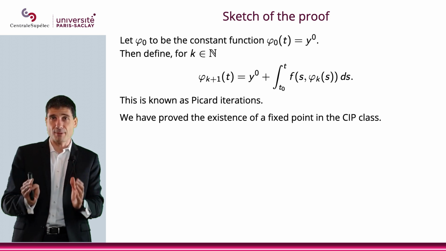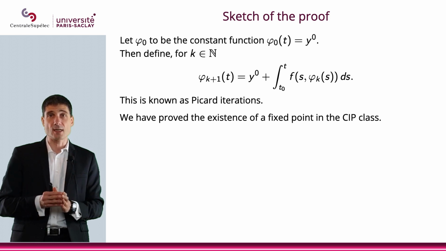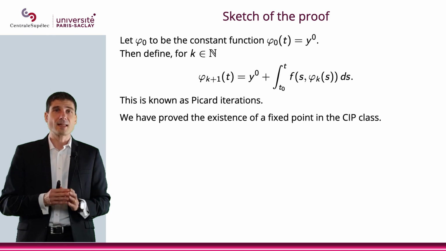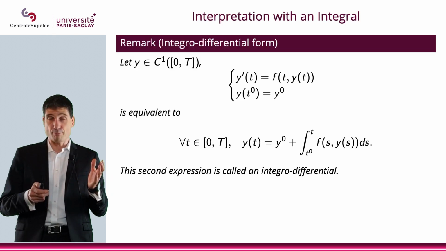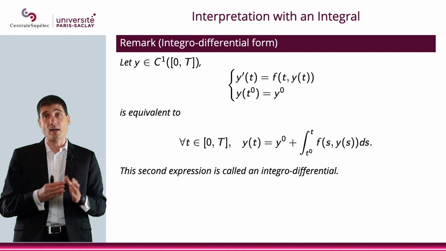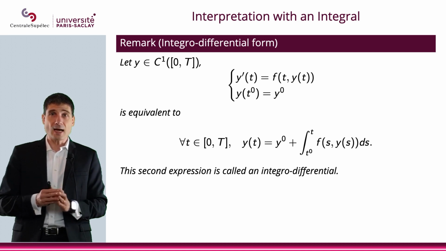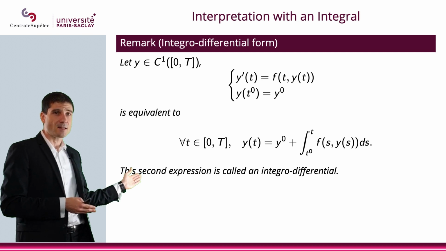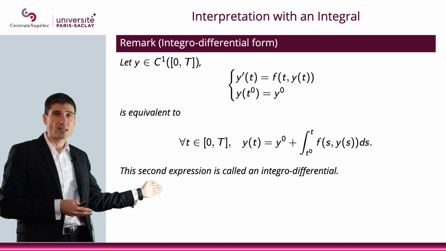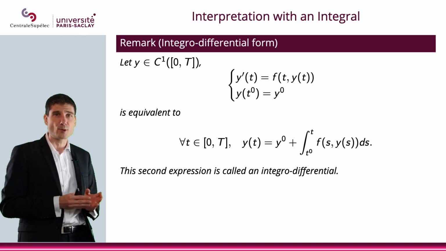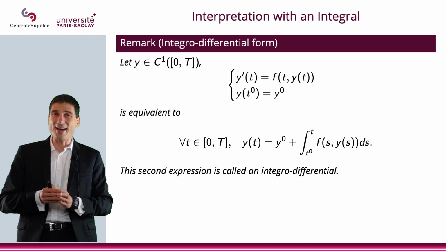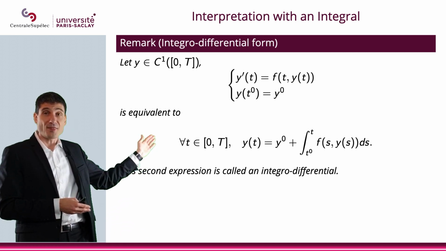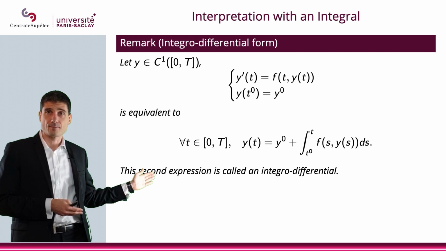And before you took this PDE class, there was a requirement, which is the CIP class, the Convergence, Integration, and Probability class. And during that class, you actually proved that the iterations had a fixed point. Now, I would like to show you something. If you look at this equation, y(t) equals y0 plus the integral between t0 and t of f(s, y(s)) ds, or if you look at the IVP, well, then basically they are equivalent.